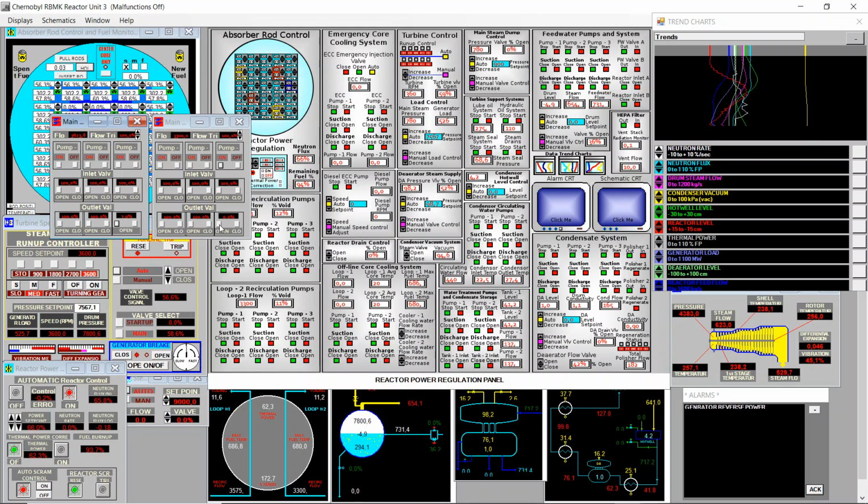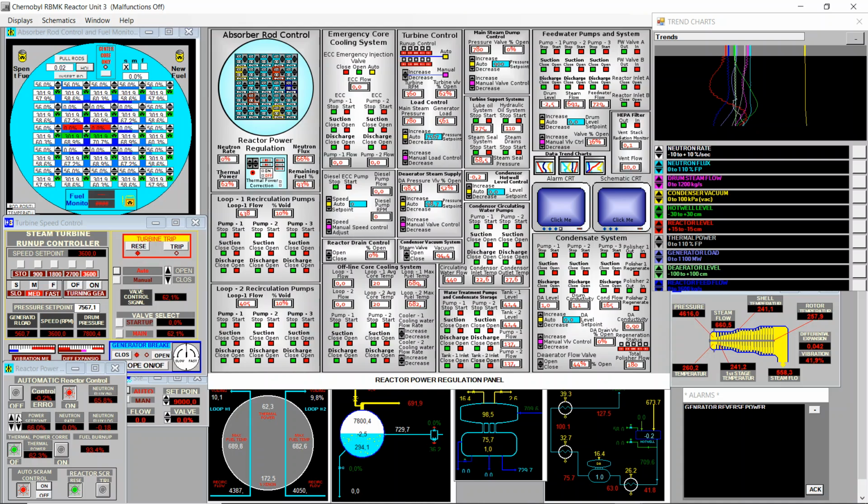And open the discharge, the outlet valves. Okay, so it seems everything is ready to go to 100%. It's just a matter of withdrawing control rods. I close these two windows and keep increasing the power set point.